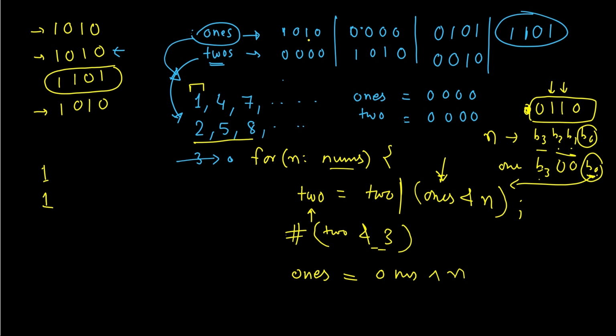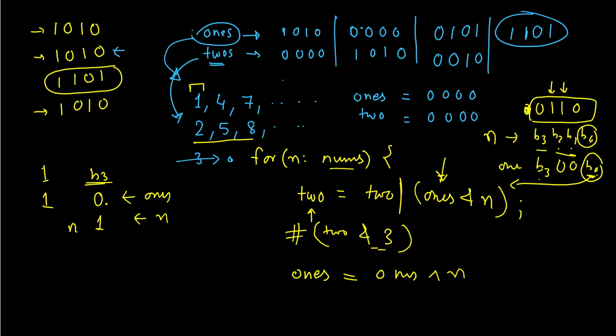We don't need to keep those, and this XOR will do exactly that. But in ones, if some bits have occurred twice, let's say this B3 has occurred twice, so it was 0 in ones. But this B3 was present in the new number n.